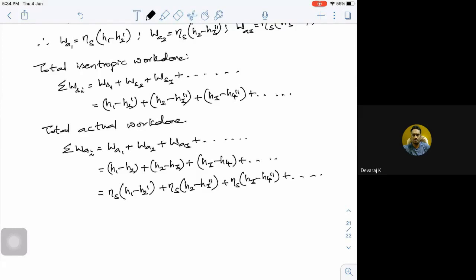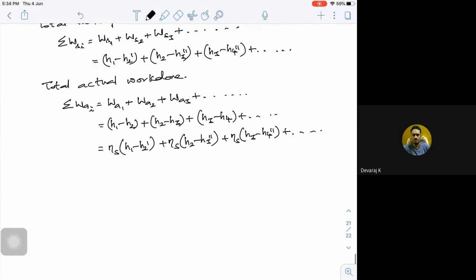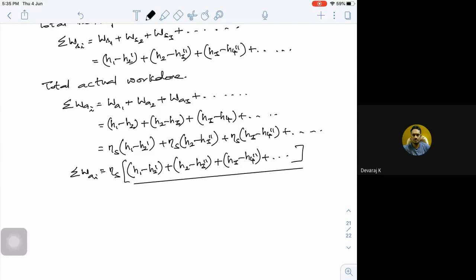As my stage efficiency is common, I can take it out. So I can write it as stage efficiency times H1 minus H2 dash plus H2 minus H3 double dash plus H3 minus H4 double dash and so on. So this is my total actual work done. Now if you closely observe, this whole quantity is the total stage work done.